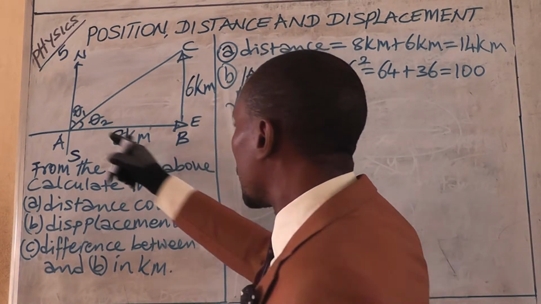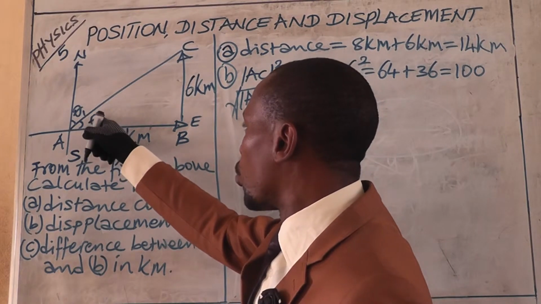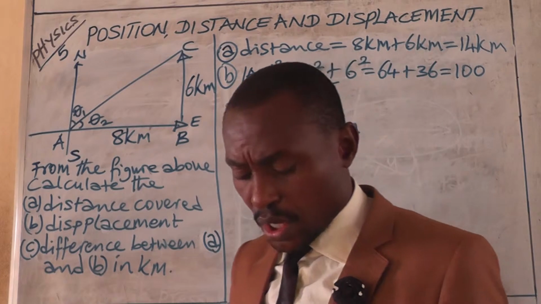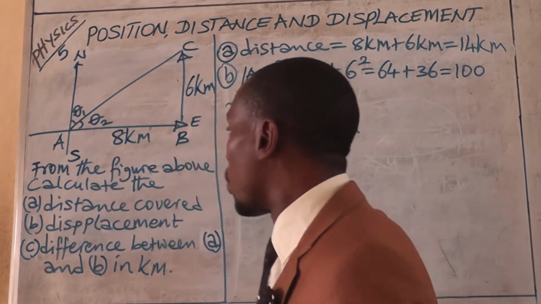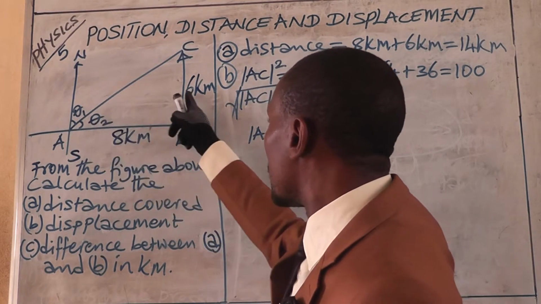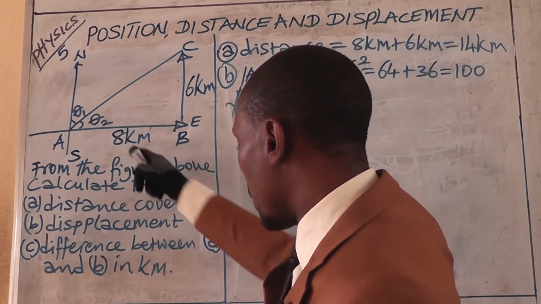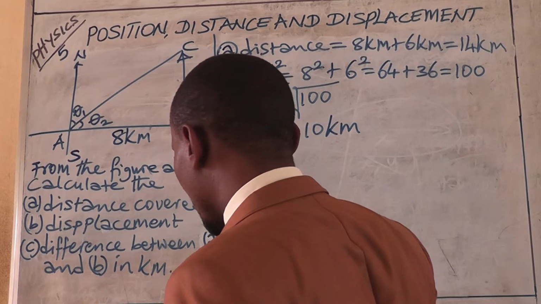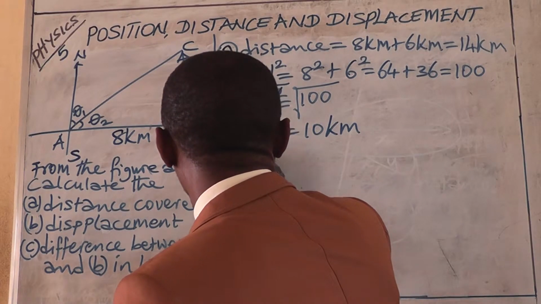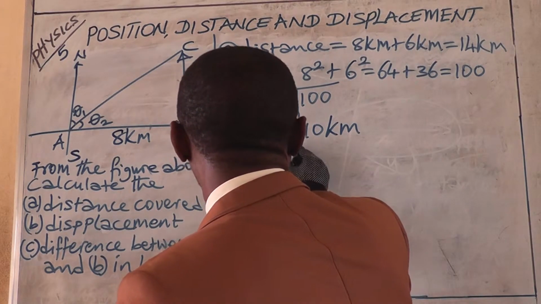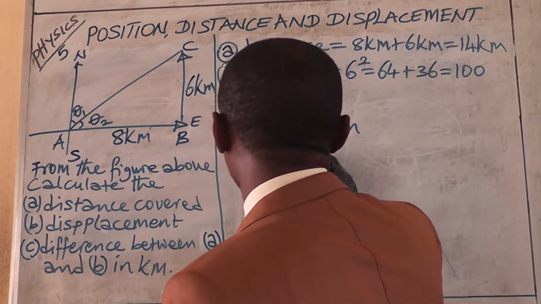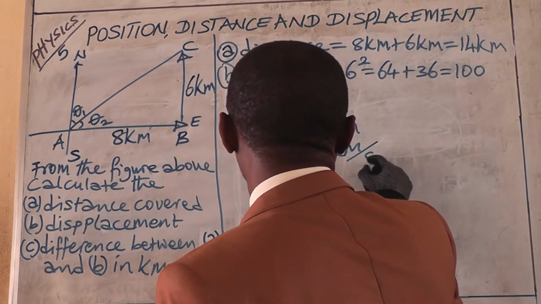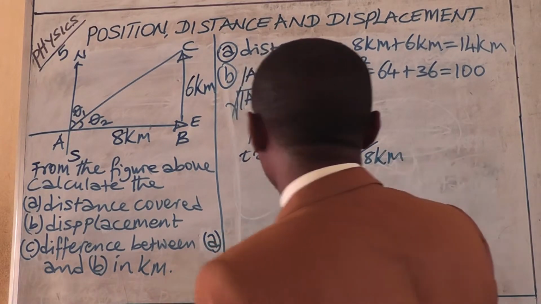If we want to calculate the direction, which is direction angle 2 here, we use trigonometric ratio. Where the angle is facing is the opposite. Here is the adjacent. So we'll have opposite over adjacent giving us tan. Tan theta becomes equal to the opposite, 6 kilometer, all over the adjacent, 8 kilometer.